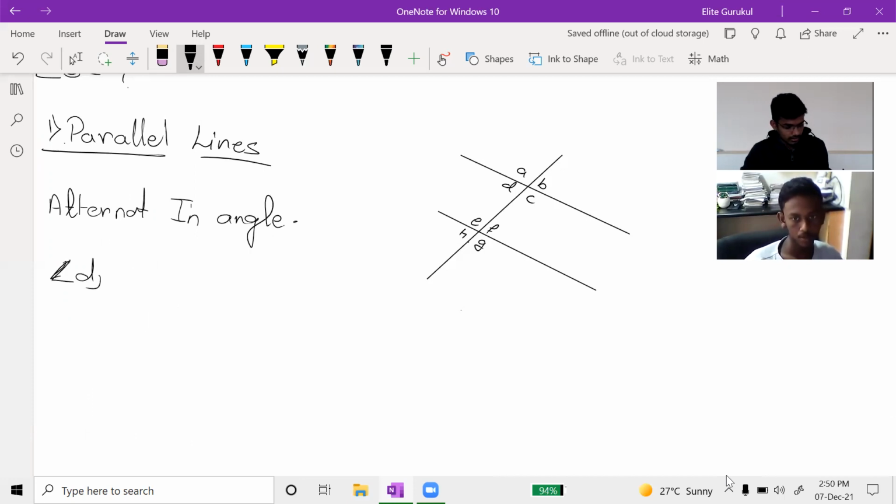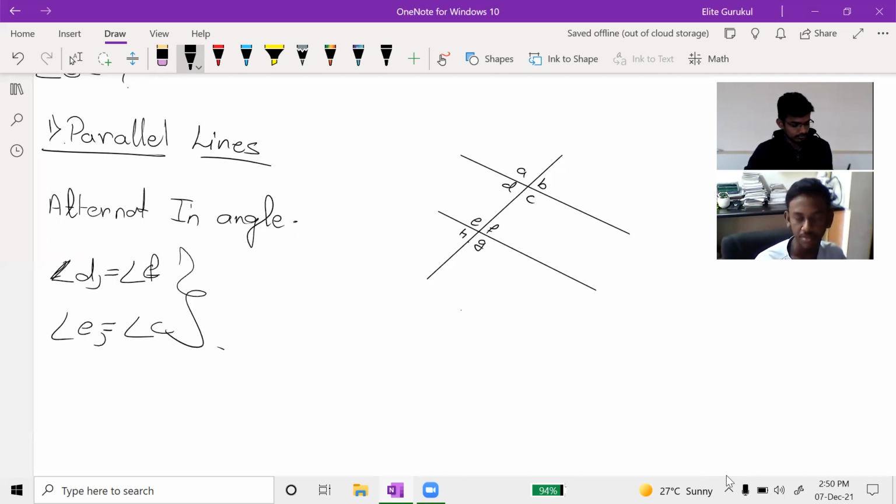Name all the angles. Angle D and F, which are equal to each other. And angle C and angle E, which we can also write as angle E and angle C. Any doubt till here? No, sir.